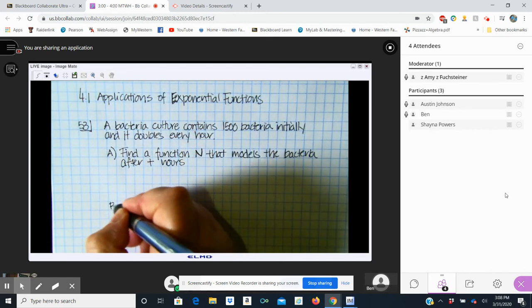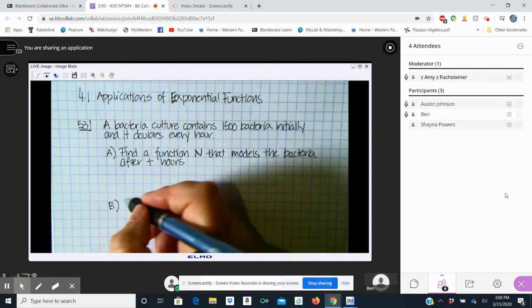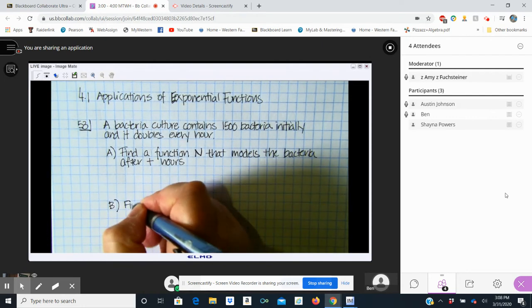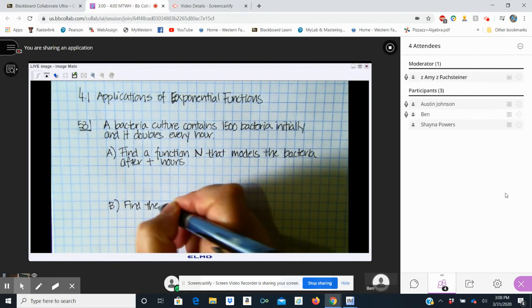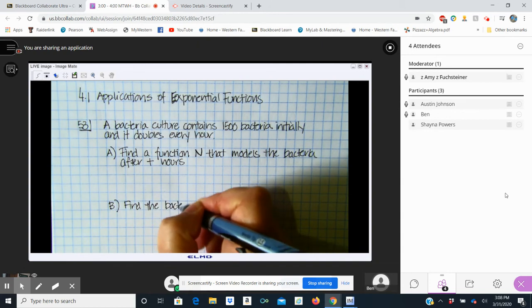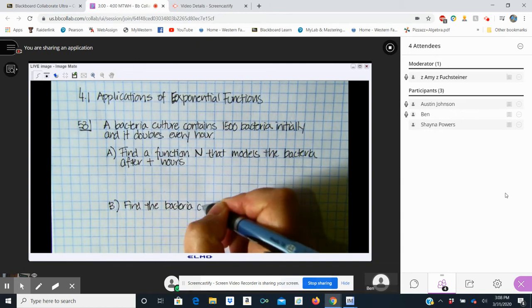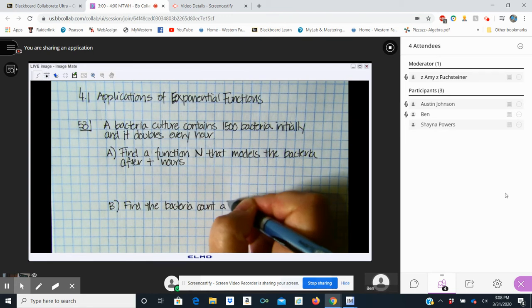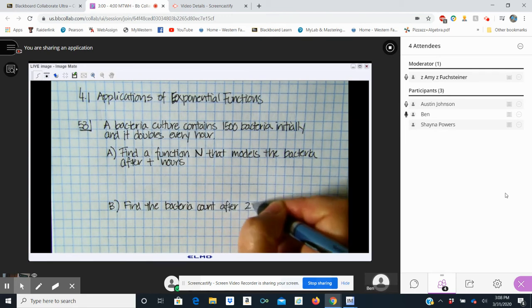The second part of this problem says to find the bacteria count after 24 hours.